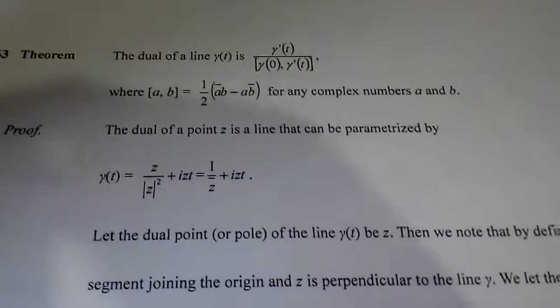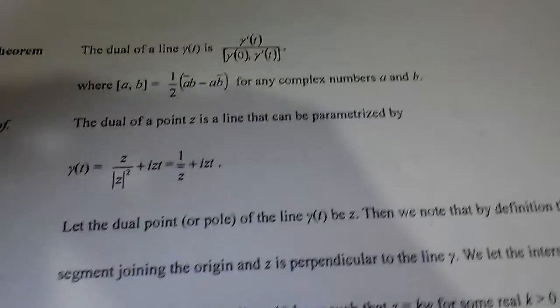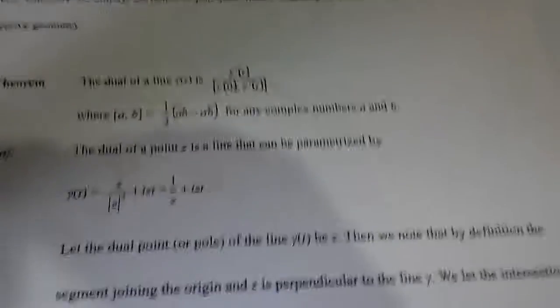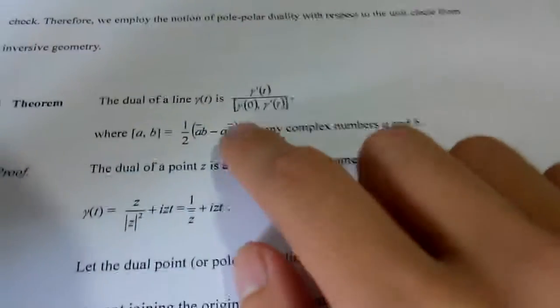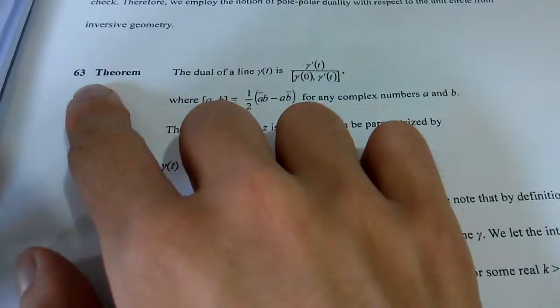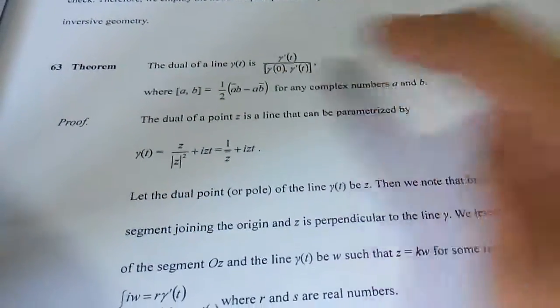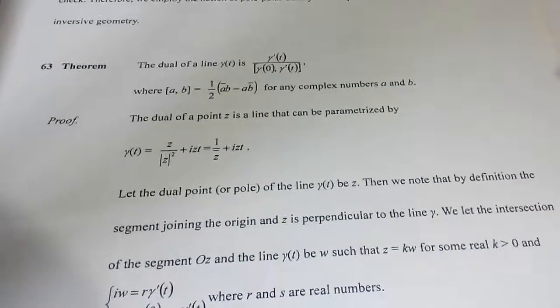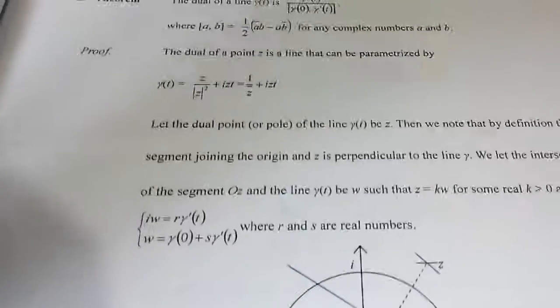And if I have a line, I want to find out what the pole of a line is. This is the theorem of my project, which says that this is the answer to the question.